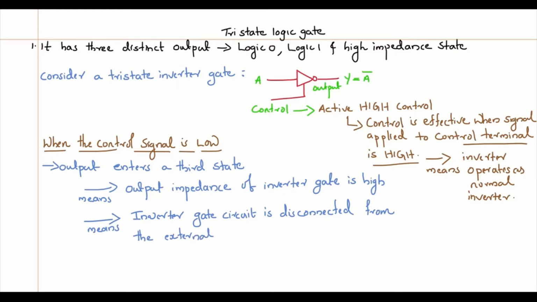When the control signal is low, the output of the gate enters a high impedance state.